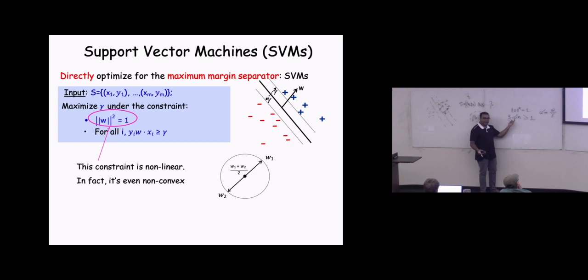We are dealing with W prime. So we don't care whether W is unit or not. We don't have this constraint anymore. But we still have this maximize gamma. This is our goal.